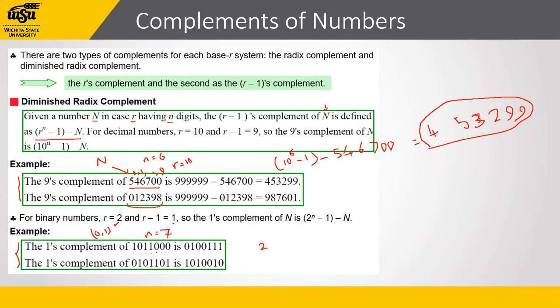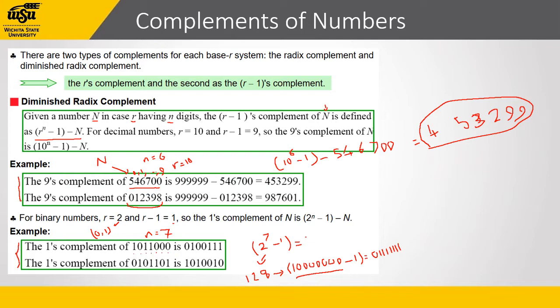So 2 power 7 minus 1. 2 power 7 is 128. The binary representation is 1, 0, 0, 0, 0, 0, 0, 0, and we subtract 1 from it.